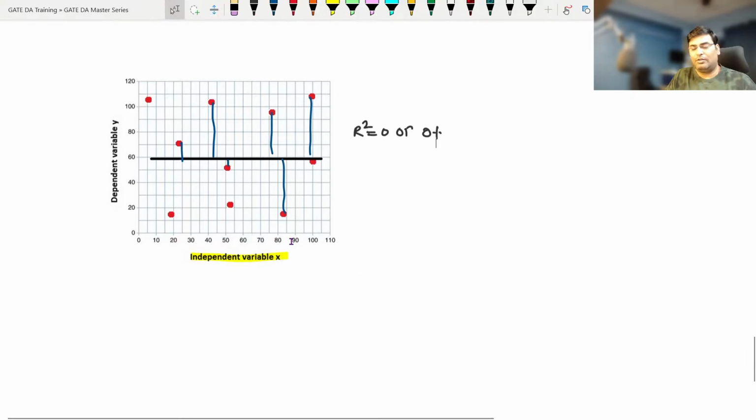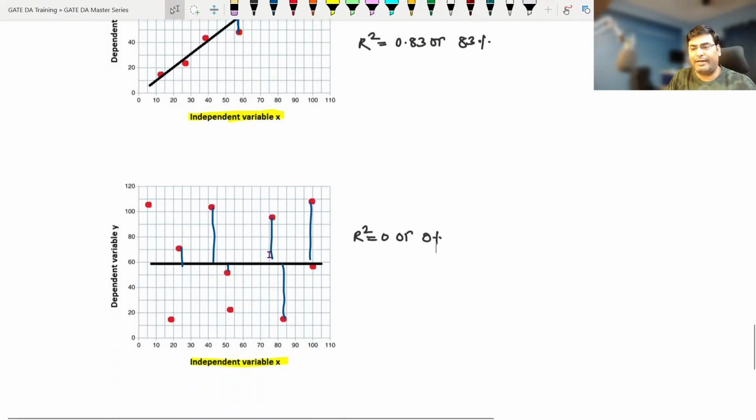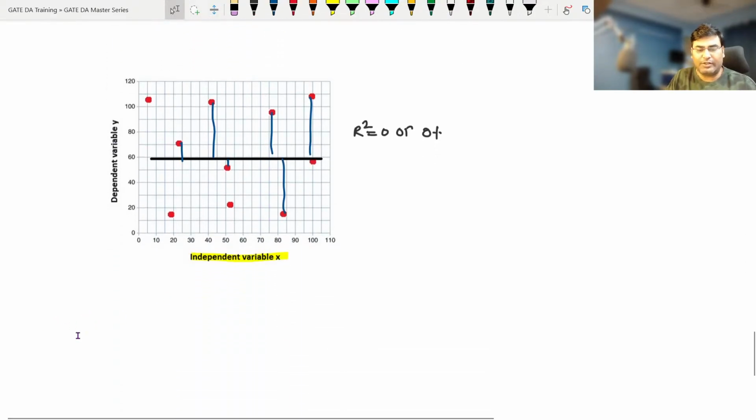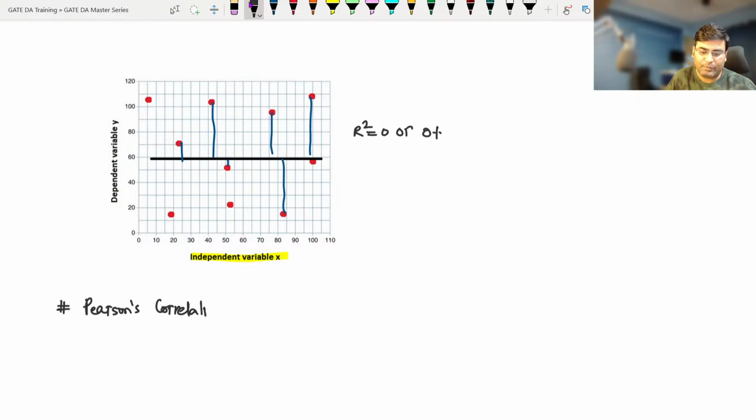Now, once you have gone through this approach, you can find R square in this manner. There is also a relationship between the correlation coefficient and the R square value. So we are going to quickly walk through Pearson's correlation coefficient, which you must have heard of or done.